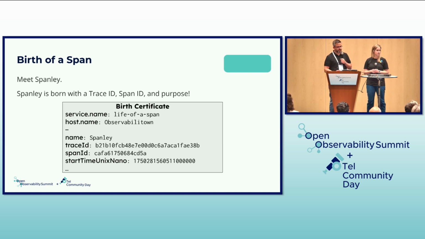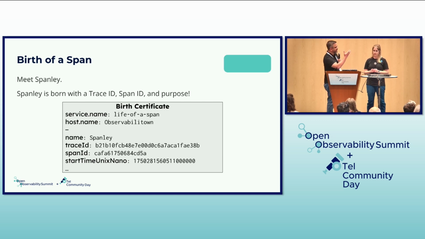He's given a resource, attributes that will describe his life, like service name and host name. Along with other metadata, he's also given a trace ID and a span ID.